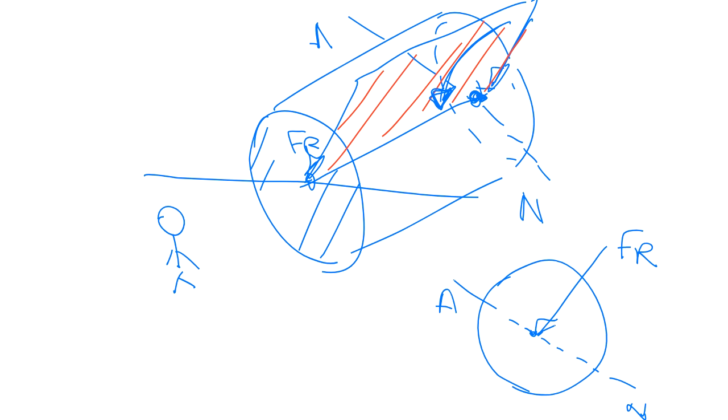I'm going to draw a line along the same acting line of the FR, and I'm going to give this one point number 1. Now I'm going to put another one on the opposite side, and give it point number 2. Now I'm going to draw a horizontal line, and this horizontal line will intersect with the circumference of the circle at point number 3, and this at point number 4.